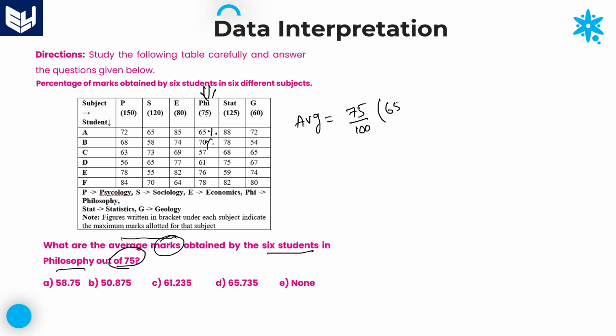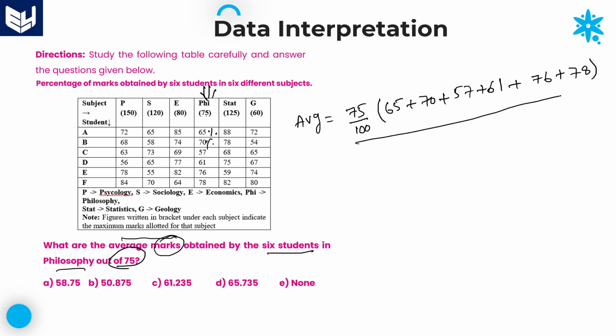So you can take that value common and then add all these values: 65 plus 70 plus 57 plus 61 plus 76 plus 78. This is the total sum of all the values for all the students in philosophy.